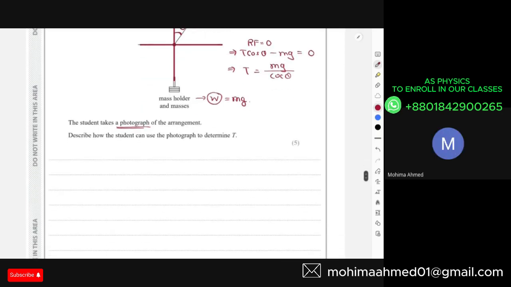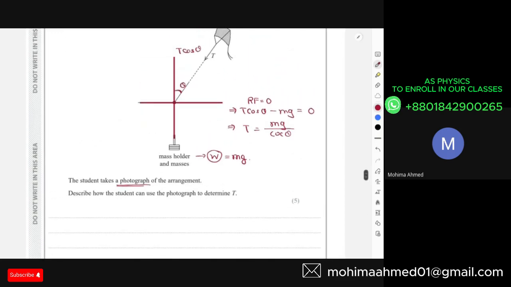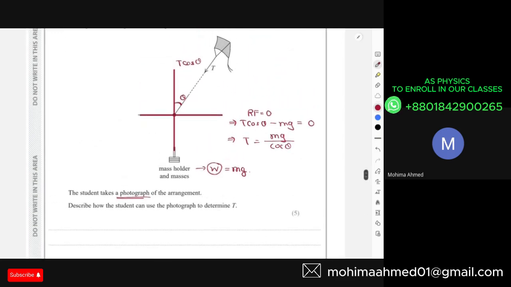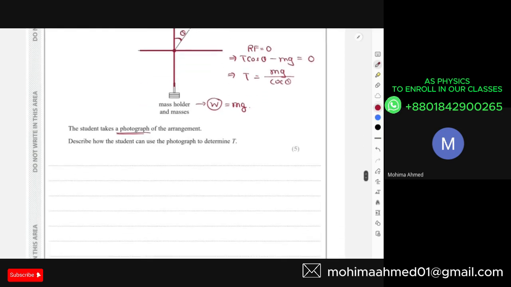Okay, then we are going to write that as tension was not acting in the vertical plane, so you have to take measurements from the photograph. What was the angle between the tension and the vertical plane using a protractor?